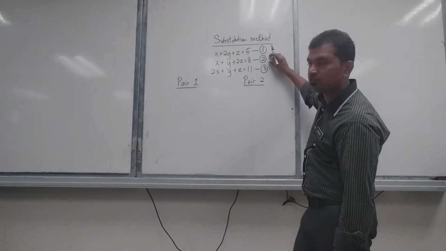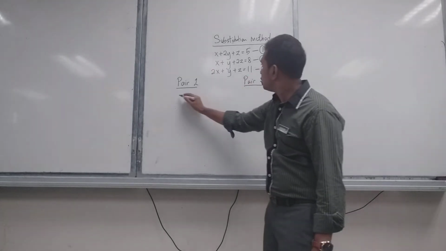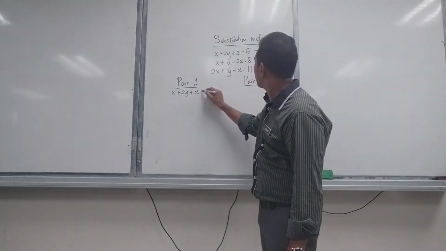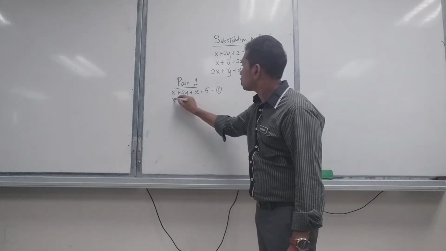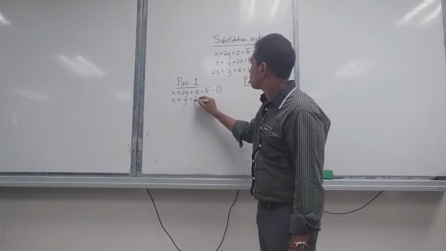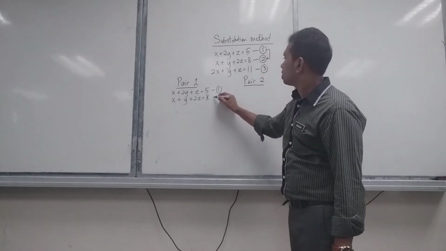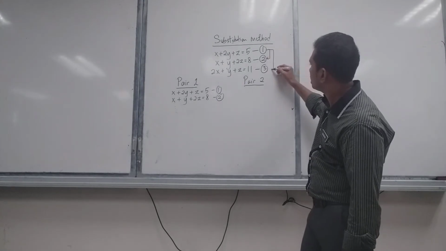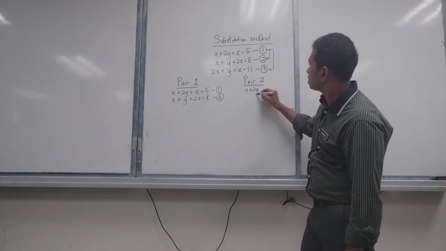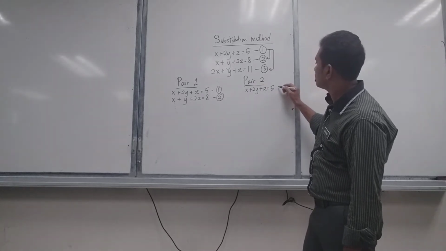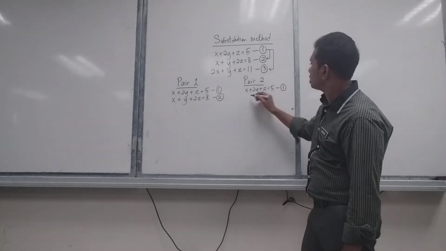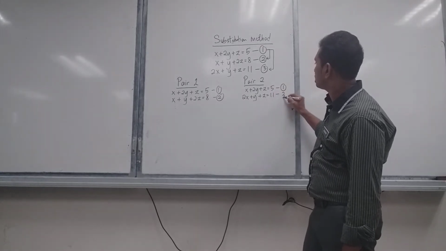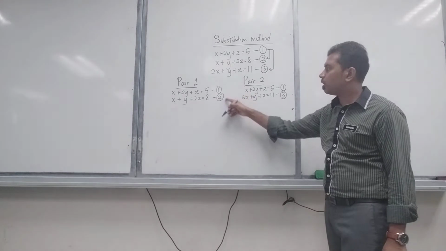So you take the first pair, 1 and 2, and you write here. For the second pair, you take 1 and 3.